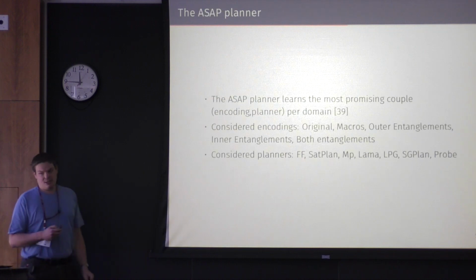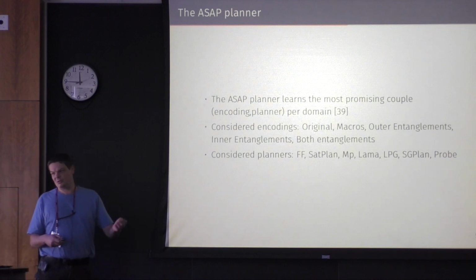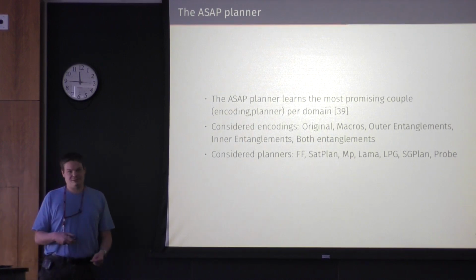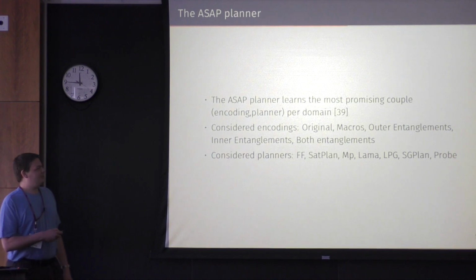To show some results of macros and entanglement: a couple of years ago, I think 2013, we developed a planner called ASAP that learns the most promising couple of encoding and planner.